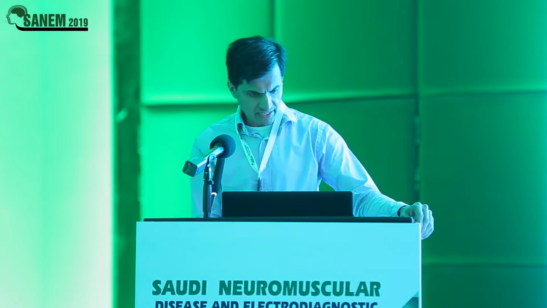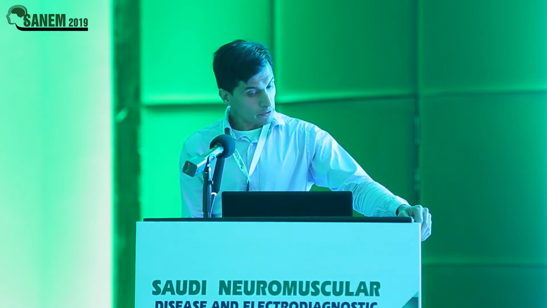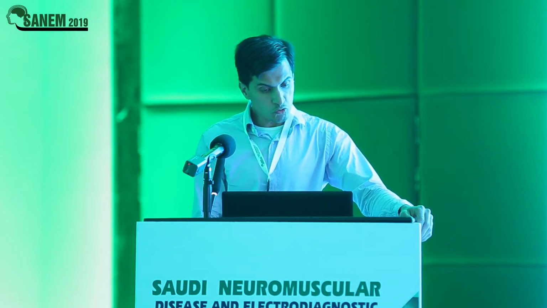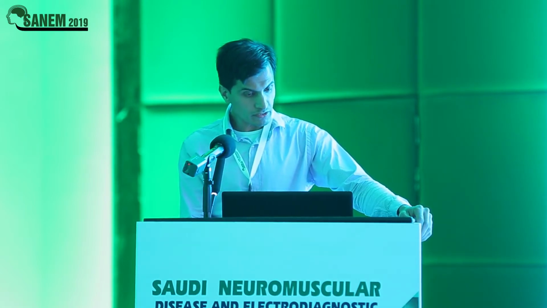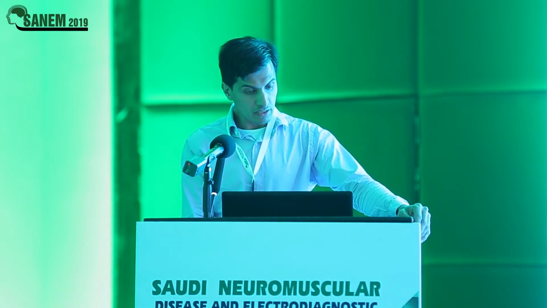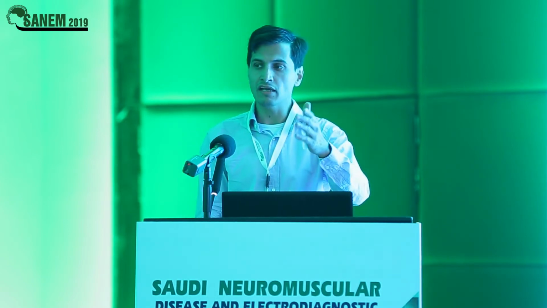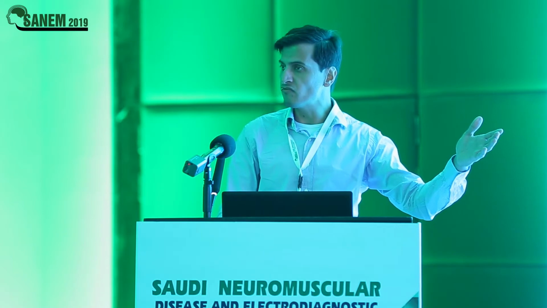So what are the features that argue against ALS? Lack of progression. Patients who never develop bulbar symptoms, early bladder or bowel dysfunction. Pain is generally quite unusual in early ALS. Prominent sensory symptoms, ophthalmoplegia, dementia, although we have the ALS-frontotemporal dementia spectrum.